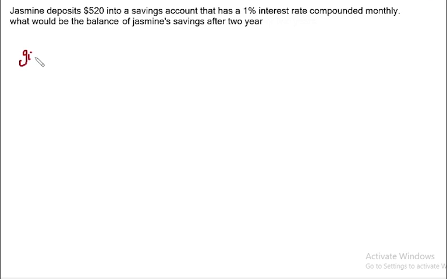We are told that Jasmine deposits $520. So we know that P is equal to $520 into a savings account that has a 1% interest rate. Rate of interest is 1%. We convert it to decimal. That is equal to 1/100, which is equal to 0.01.